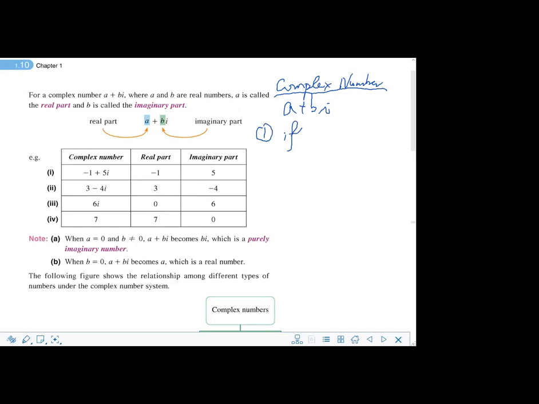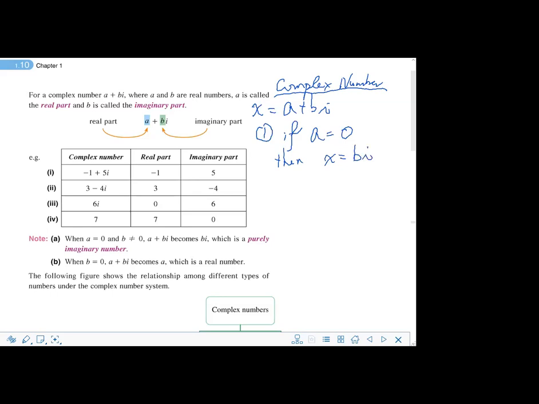If a is equal to 0, okay? If a is equal to 0, so let me call this number x. Okay, x is equal to a plus bi. X is a complex number. If the real part, that is the a, is equal to 0, then x is just equal to bi.